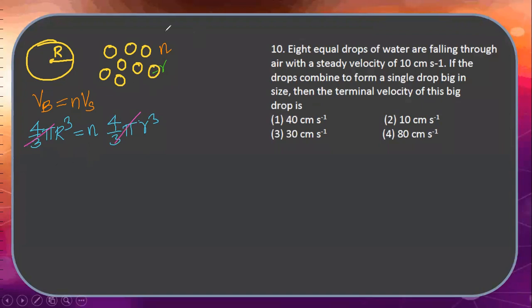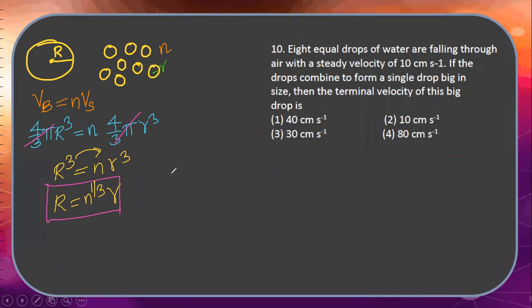Capital R cube is equal to n into small r cube. Taking the cube root, capital R is equal to n power 1 by 3 into small r. This is the relation between capital R and small r.